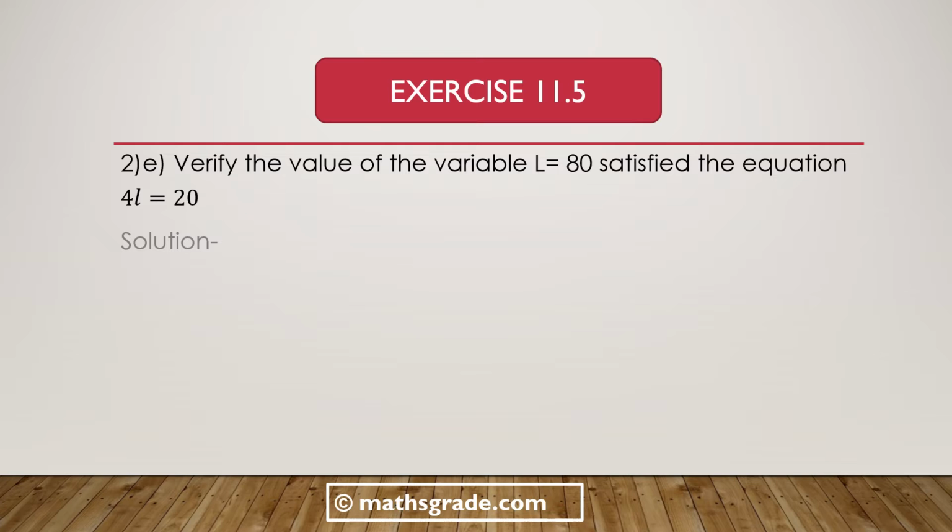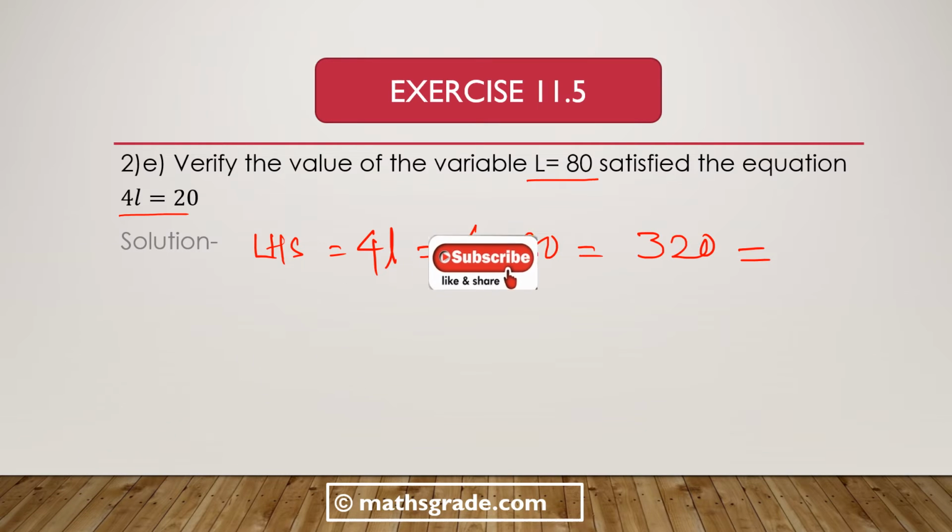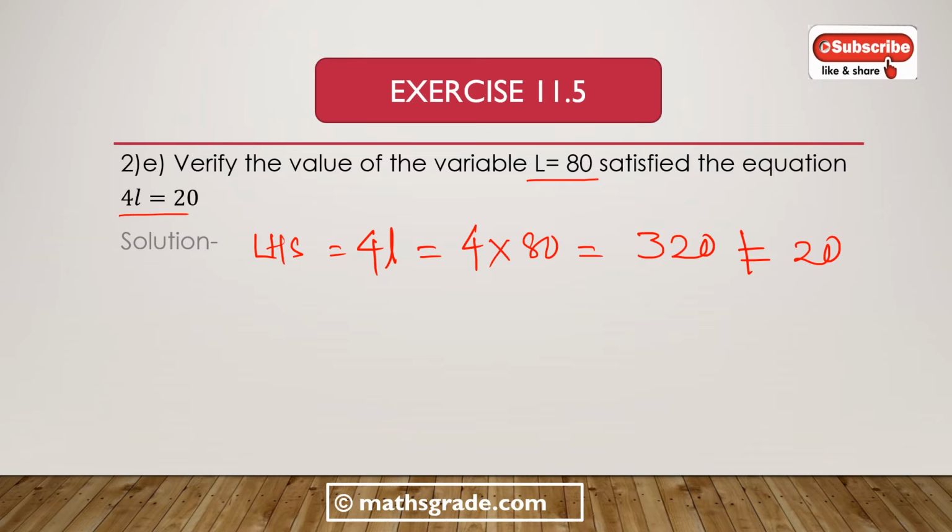Now E bit. Verify whether the value of the variable L equal to 80 satisfies the equation 4L equal to 20 or not. We first substitute L equal to 80 in the left hand side. Left hand side is 4L and right hand side is 20. Substituting L as 80, we get 4 multiplied with 80 is 320, and 320 is not equal to 20, which is the RHS.